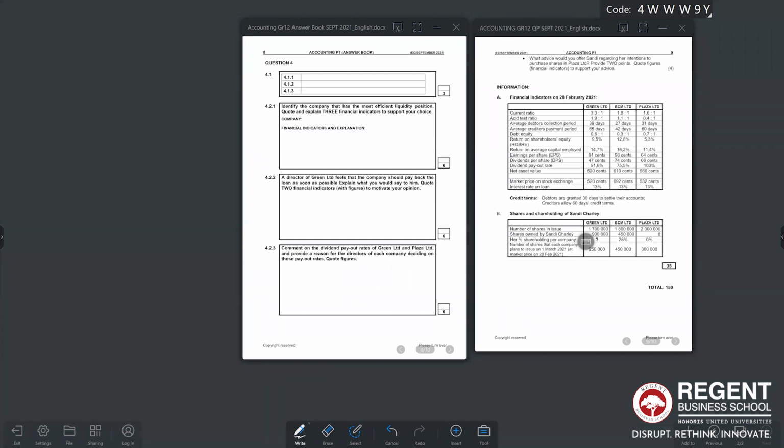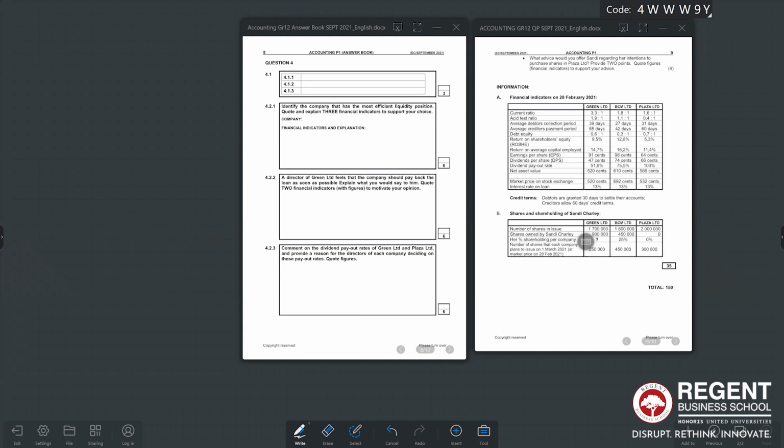That means we're working out the ratio, the percentage. The dividend payout rate is your percentage. You need to convert it to a rate. So dividend payout policy is exactly what policy you are applying as to how much you are paying out, etc. And the rate is the percentage.